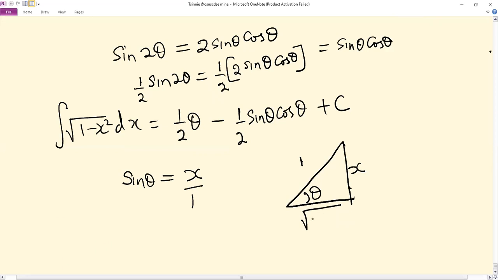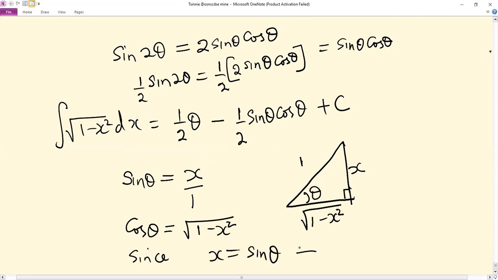So the adjacent will be the square root of 1 minus x squared. From the same triangle, cos theta is adjacent over hypotenuse, so this will be root 1 minus x squared. And since x is sine of theta, then theta is the sine inverse of x.